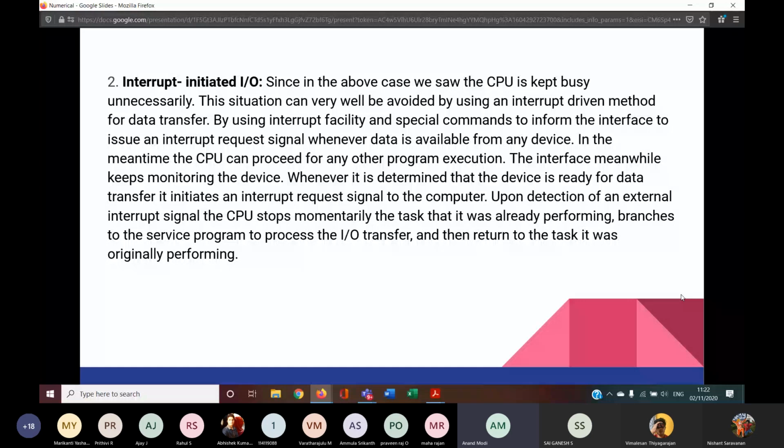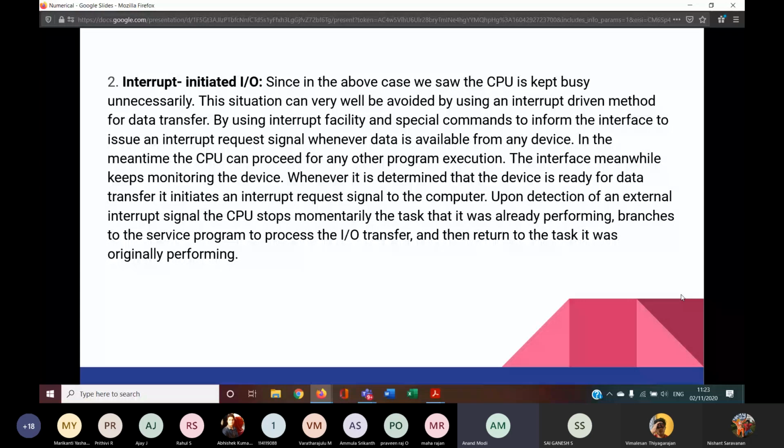So it would send an interrupt whenever a signal is received that the device is available for data transfer now. In the meantime, the CPU can proceed with other program execution. The interface will keep on monitoring the device, and whenever it determines that the device is ready for data transfer, it initiates an interrupt request signal.